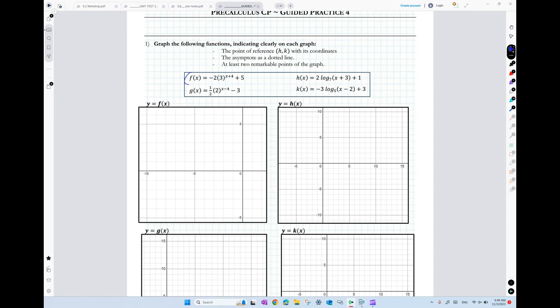For f of x, first you identify h and k, which in that case is -4, 5. And it is an exponential, so I'm going to have a horizontal asymptote.